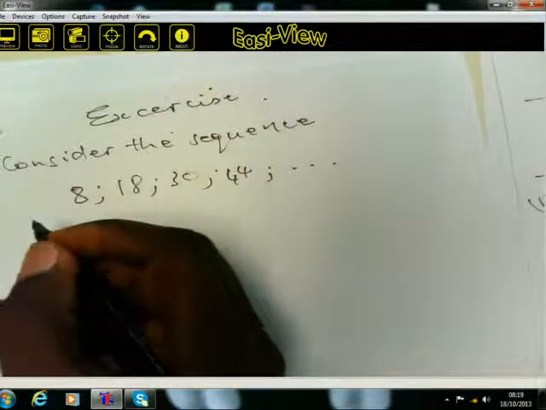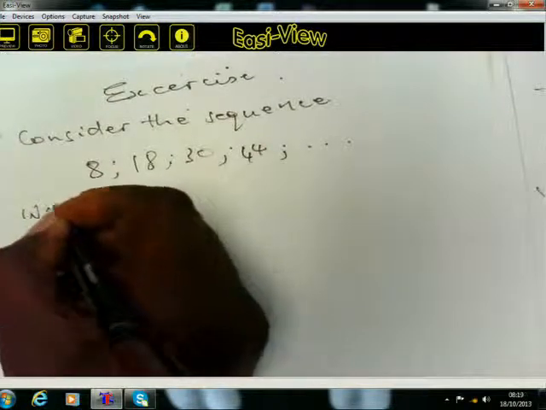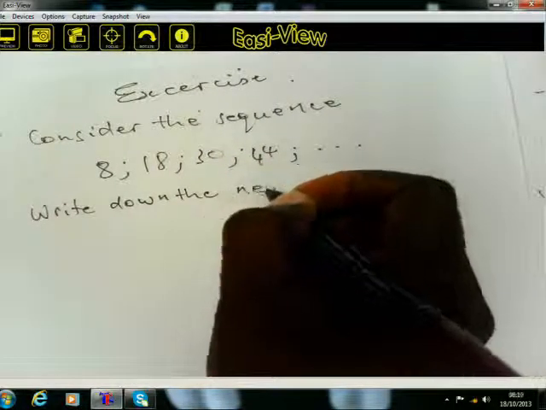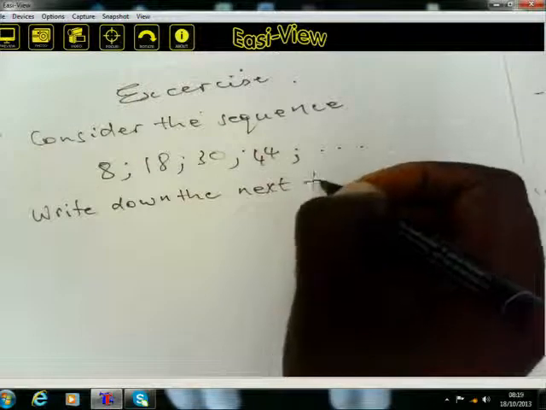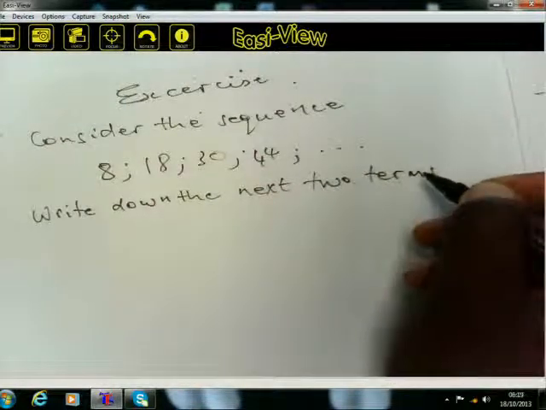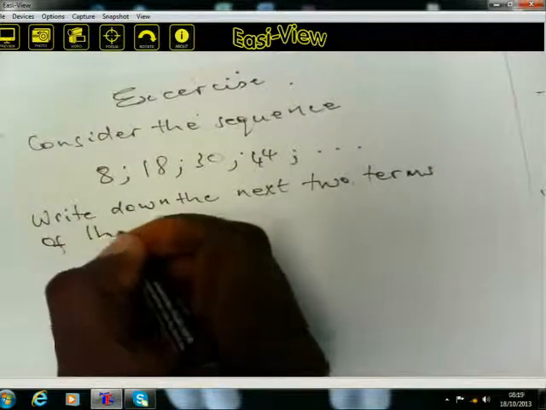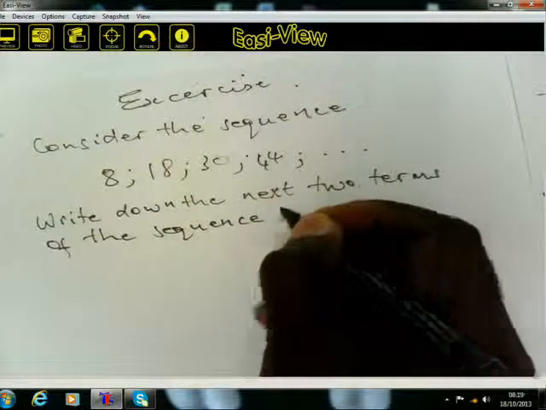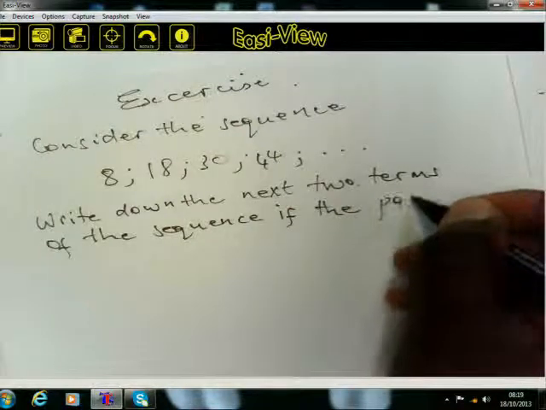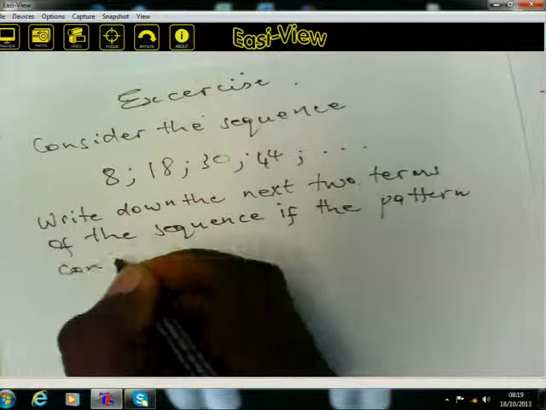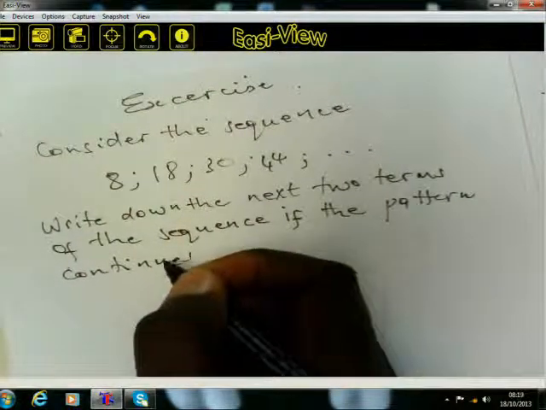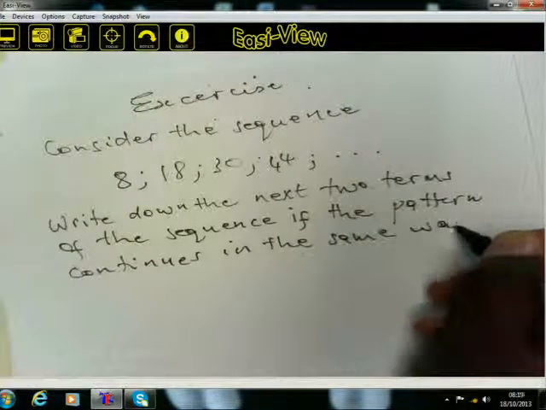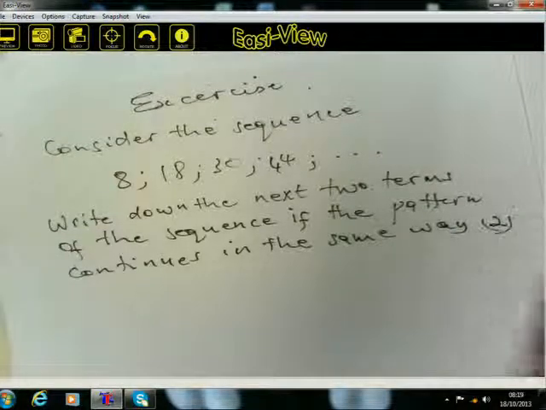And then the question says, write down the next two terms of the sequence if the pattern continues in the same way, and that is going to be 2 marks for that.